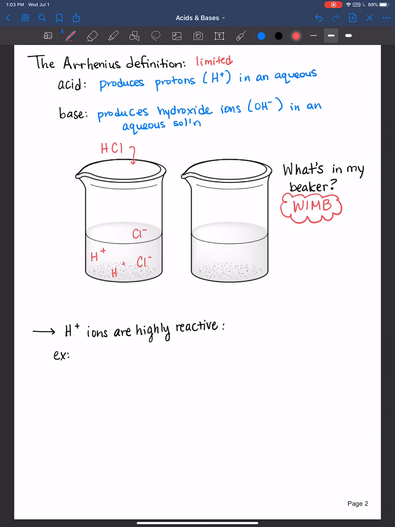If I were to put sodium hydroxide in my solution, which acts as a base, I would see the sodium cation, as well as the hydroxide ion. And so that's the reason why sodium hydroxide will be identified as an Arrhenius base, because it's producing hydroxide ions in my aqueous solution. Hydrochloric acid is an Arrhenius acid, because it's producing hydrogen ions or protons in an aqueous solution.